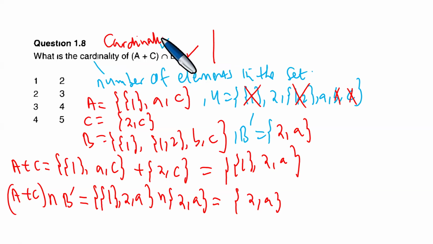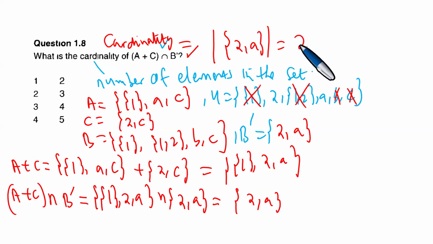This is the cardinality, which is 2 and A, and the cardinality therefore is 2, because the elements are 2, and therefore the correct option is option 1. Okay, we continue with more practice and we try the next question.